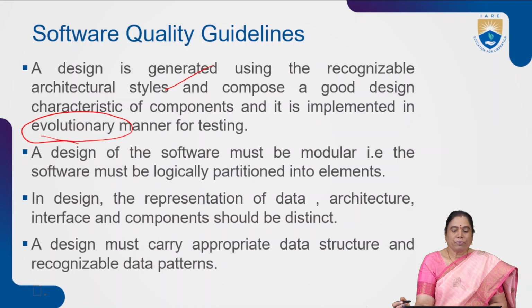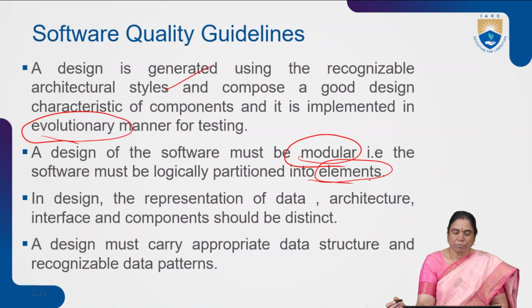A design of software must be modular and logically partition the components or the modules of the software. In the design, the representation of data, architecture, interface and components should be distinct. A design must carry appropriate data structures and recognizable data patterns.